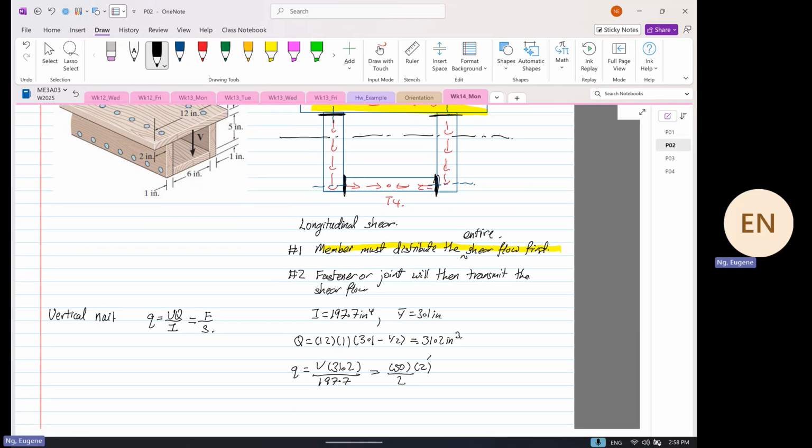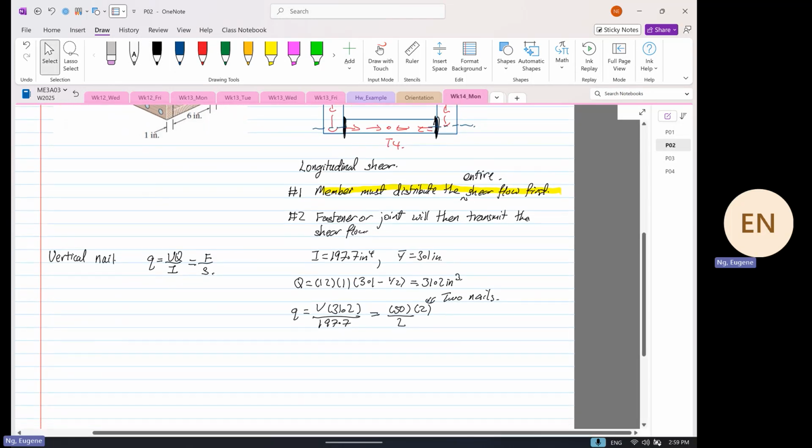Now we have to put down here because there are how many nails? 2 nails. Not 1. We put 2 down there. It's not because it's box beam or white flange. We put 2 over there because it's what? 2 nails. Are we clear? If you look at the solution manual, I don't know what they are doing, but anyway.